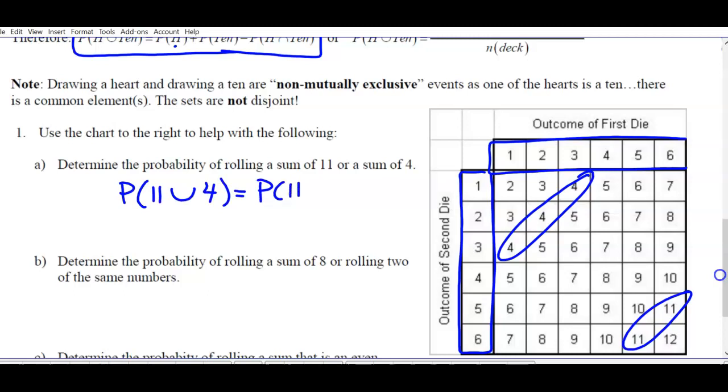Probability of 11 plus probability of a 4. So that's going to be 2/36 plus 3/36 equals 5/36. Okay, do you have to show all that work? No, you can just tell me it's 5/36. 1, 2, 3, 4, 5. Or means have all of them, right?